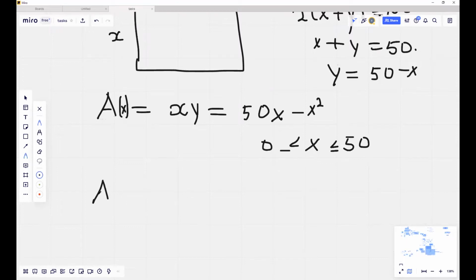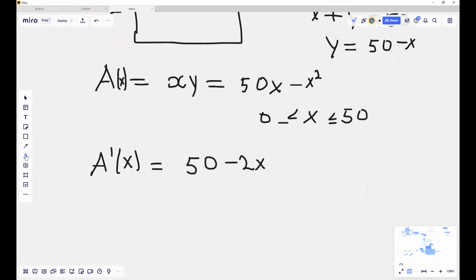So then to do that, we need to find the critical values of this function by taking the first derivative. It's equal to 50 minus 2x, from which x is equal to 25, is the only critical point.